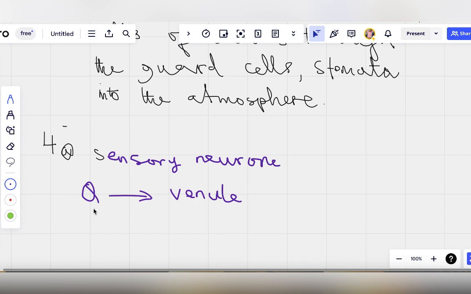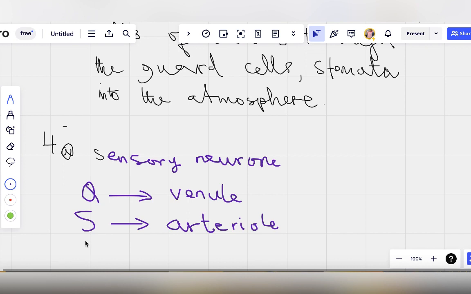So S is arteriole. Small segment of an artery.